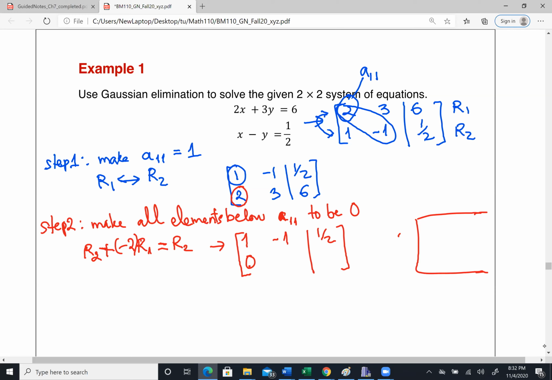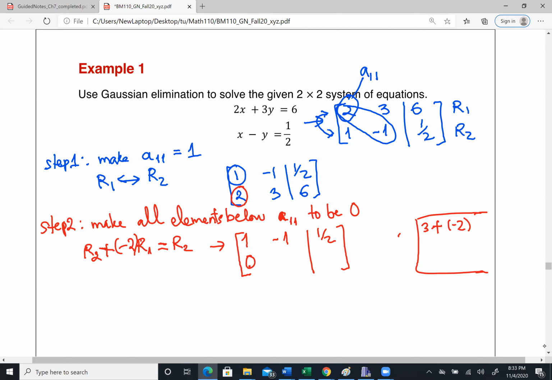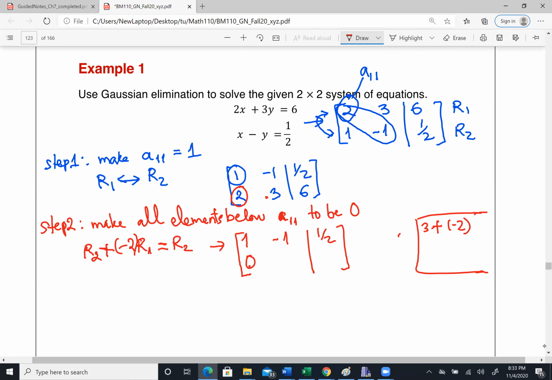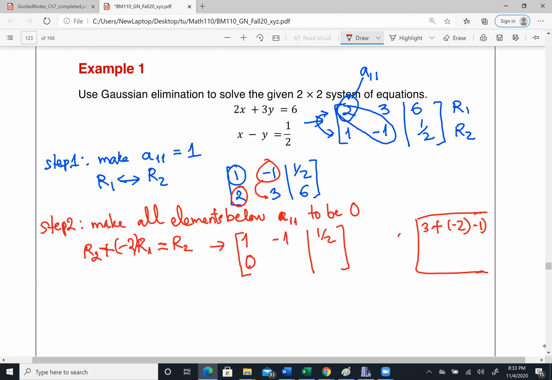The second one will be 3 plus -2 multiplied by -1. So what is that going to be? 3 plus 2 is 5. So I'm going to put 5 here.